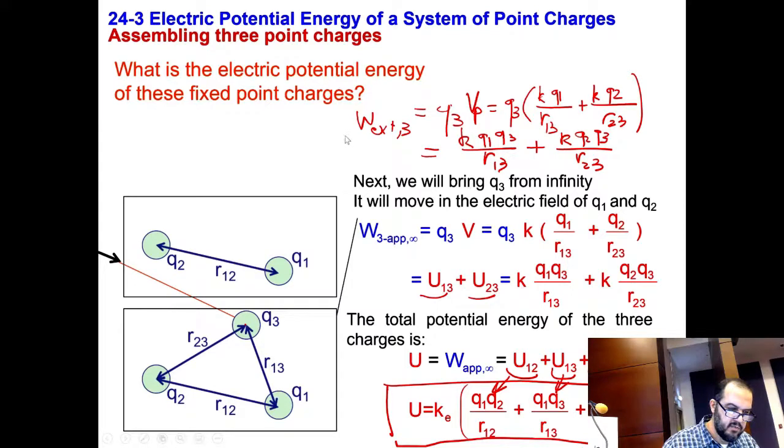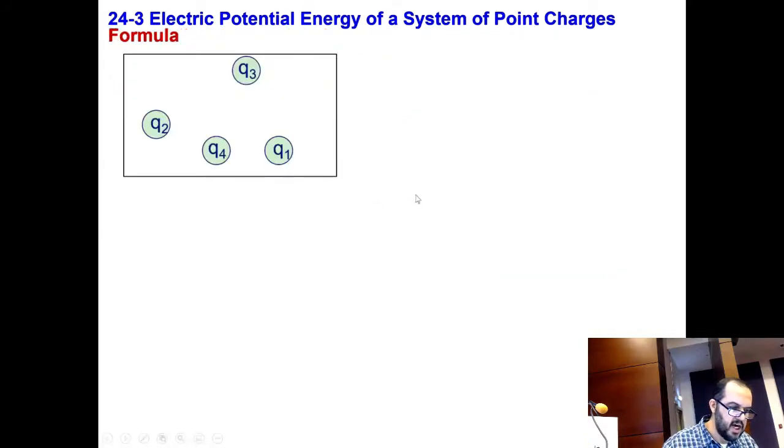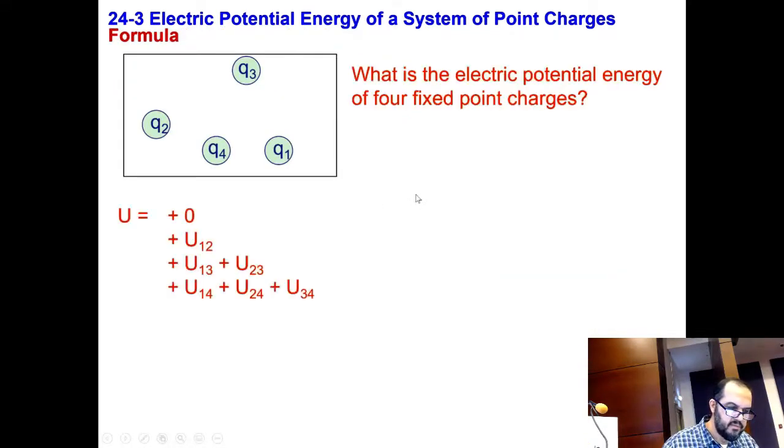So if we have a fourth charge, first of all, we have the potential energy to bring charge 2 close to charge 1, that's U12. Now we have 1 and 2, you can bring 3. When you bring 3, you have to add the potential energy between 1 and 3 and 2 and 3. Then when you bring charge 4 from infinity, you have to add the potential energy between charge 1 and 4, 2 and 4, and 3 and 4.